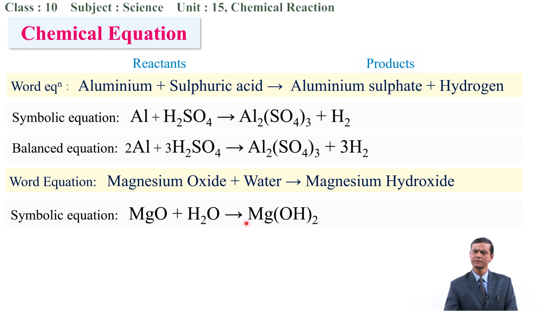Look at here, magnesium oxide, MgO plus water H2O, and its correct formula is Mg(OH)2, because magnesium valency is 2, OH means hydroxide, hydroxyl group, its valency is 1. So its correct formula is like this. Is it balanced or not? Let's check it. Mg, its balance, oxygen, double oxygen here also, right, left hand side and right hand side, oxygen and hydrogen are double. So this is balance.